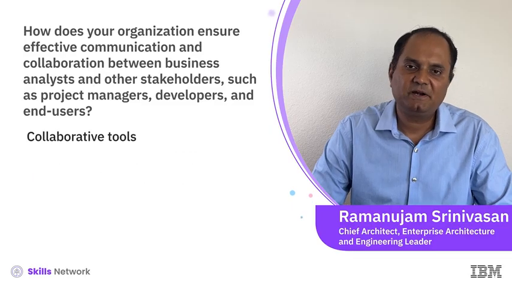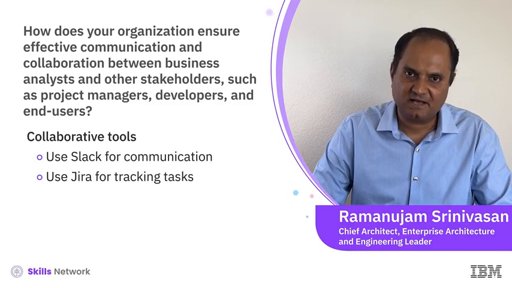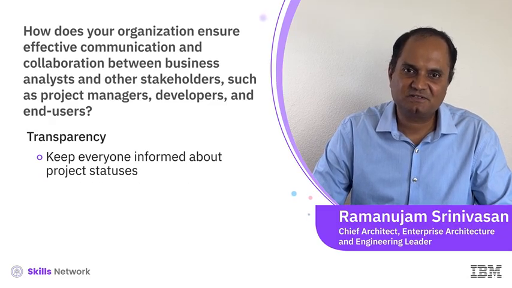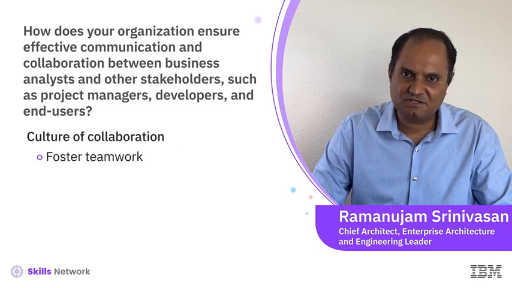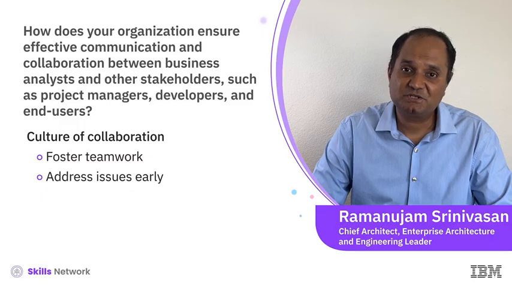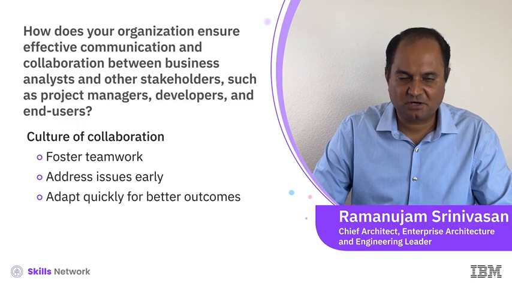We do use collaborative tools like Slack for real-time communication and Jira for tracking tasks. This keeps everyone informed about project statuses and ensures transparency throughout the process. By fostering a culture of collaboration where everyone feels valued, we can tackle potential issues early on and adapt quickly as needed, leading to better overall project outcomes.